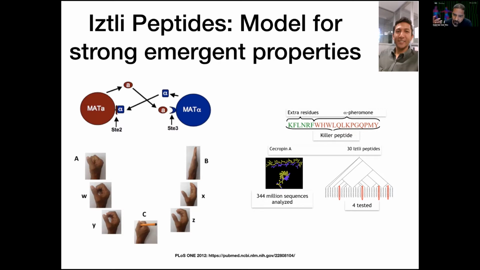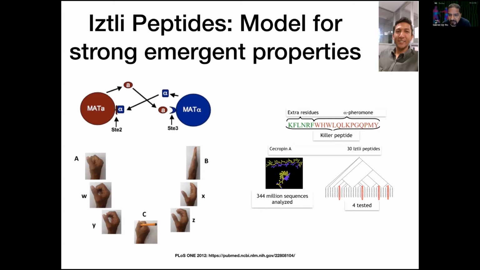Now, what was interesting for us is that the pheromone alone, or the peptide alone, or if these peptides were supposed to inactivate the mitochondria of the MAT-A cells, and this is because the pheromone will be internalized by the MAT-A cells.